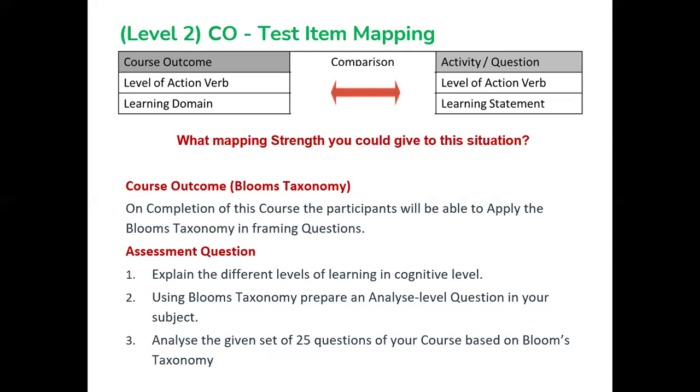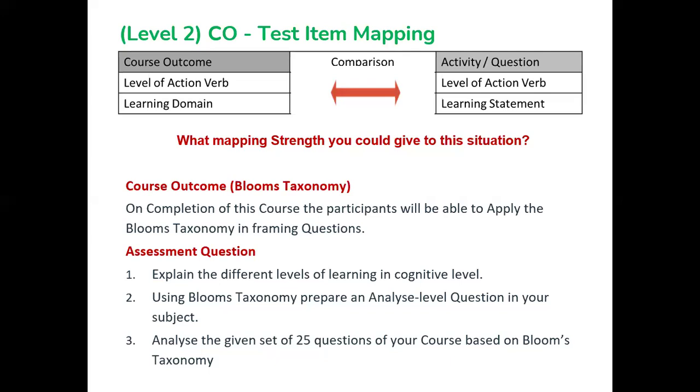whatever is the CO, even if it is module wise or unit wise or for the entire content you are designing a CO, that CO means what the student can do. So if the student is able to apply, definitely your CO should be of apply level. Recently in one of the colleges in Coimbatore, I had a session like this.